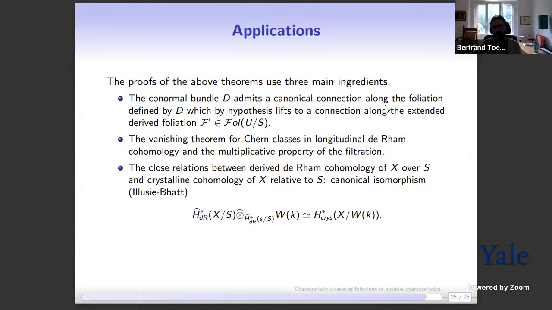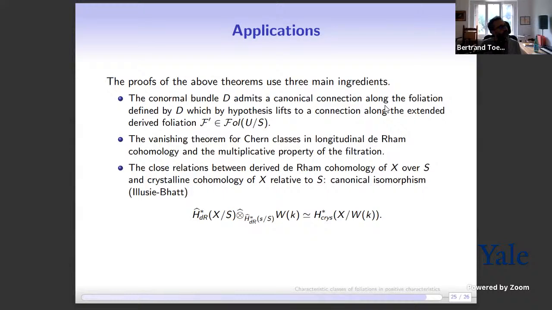In the same way, you can get these characteristic maps from the Lie algebra cohomology to the crystalline cohomology. A priori, it goes to the derived de Rham cohomology, but you can project down to crystalline cohomology by this canonical isomorphism. So this is how you construct things.